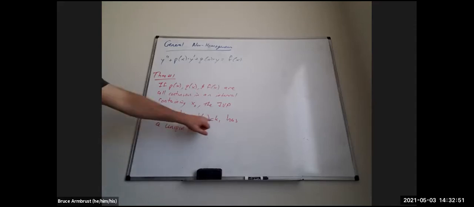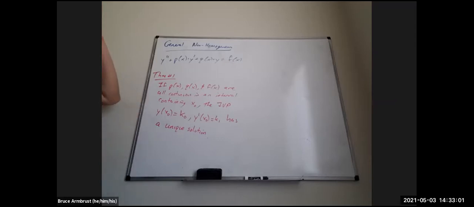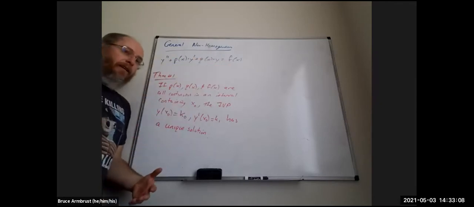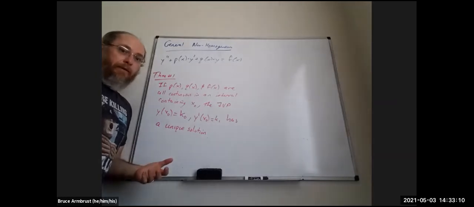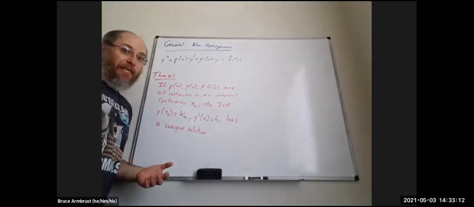So these K naught and K1 are just whatever the initial values are equal to. All right, so when we've got non-homogeneous, as long as these three pieces are all continuous in an interval that contains your starting point, you're guaranteed a unique solution.